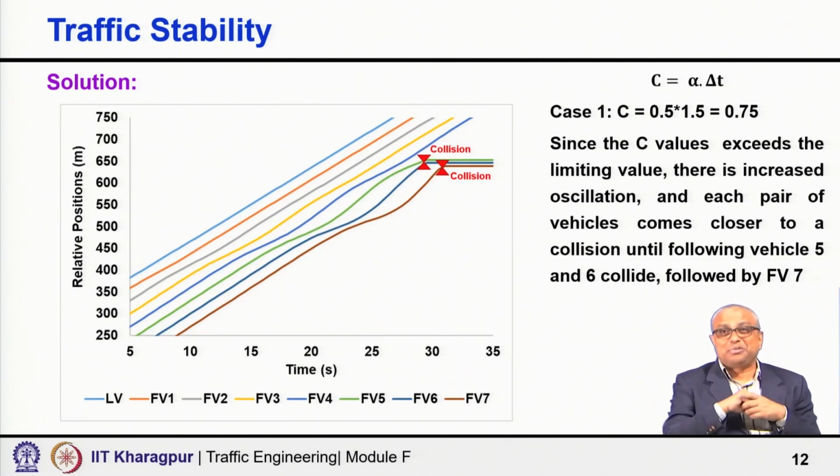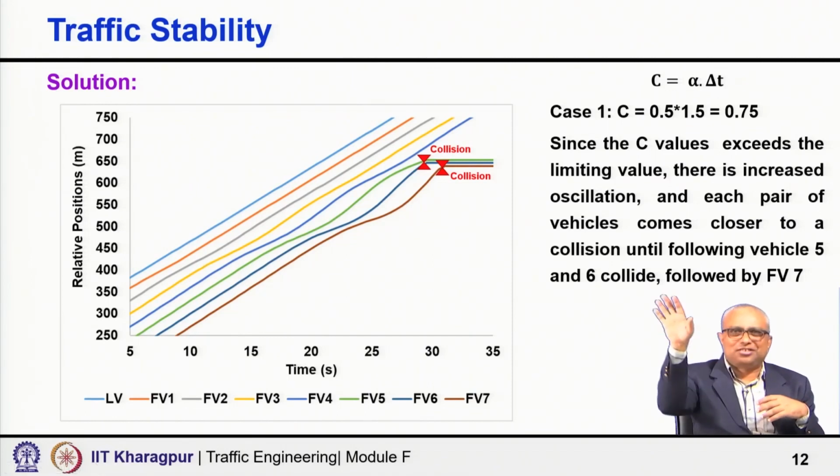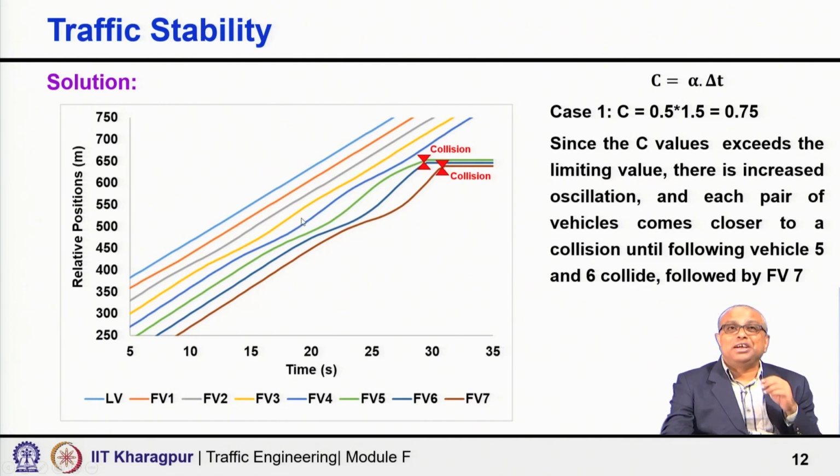It is plotted here. Now, it may look that for the first vehicle it is going perfectly straight, because look at the scale of the plot. Even though there are small fluctuations in between, it is almost looking like a straight line. But what is really happening here? You can see the things start getting reflected very clearly from vehicle to vehicle.